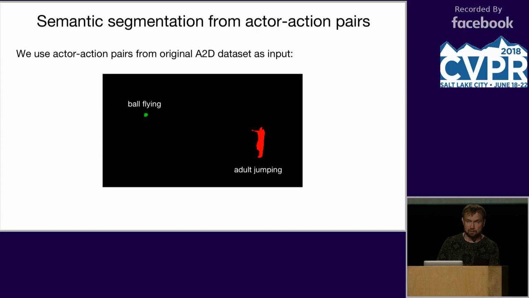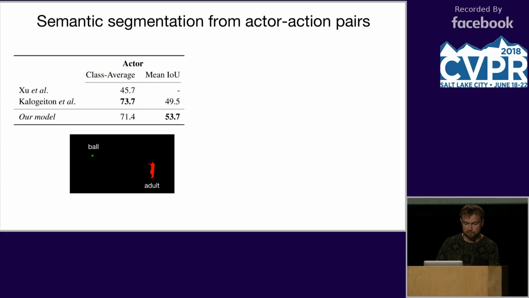We also compared with traditional semantic segmentation. So instead of open vocabulary queries as input, we use actor and action pairs from the original Actor and Action dataset. For example, we use ball flying as input to our model. We compared to state-of-the-art methods on the Actor and Action dataset for the setting when we want to perform segmentation only for actors like ball and adults, so we don't care about actions.